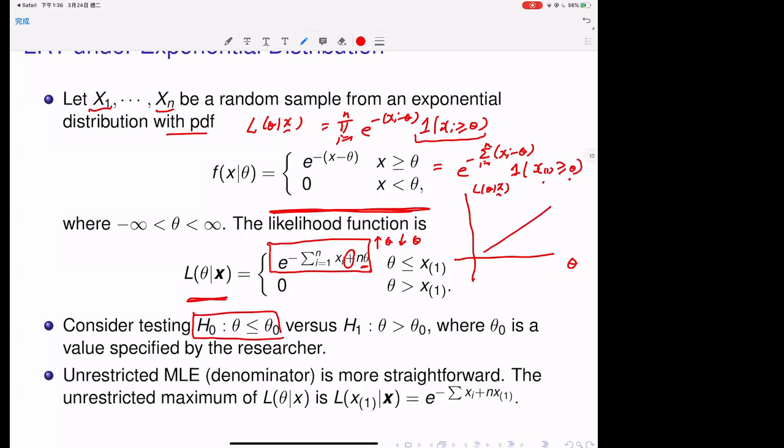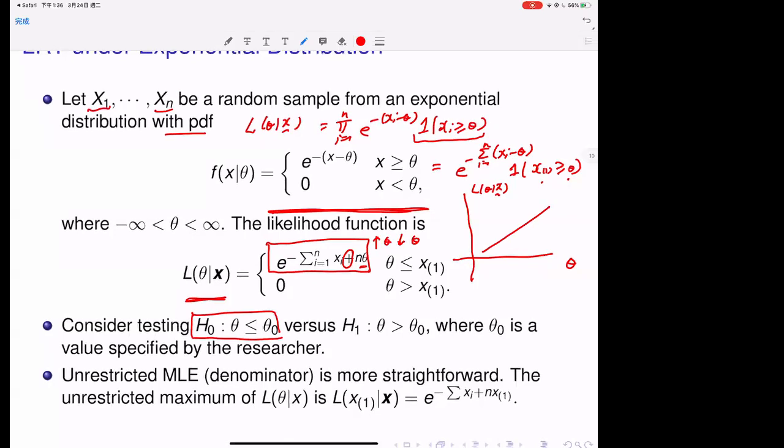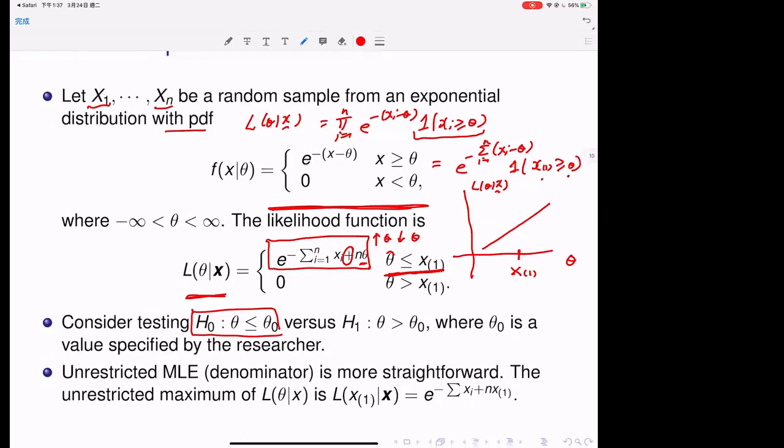But this increasing function has a domain restriction at x1. Only theta smaller than x1 has a value.